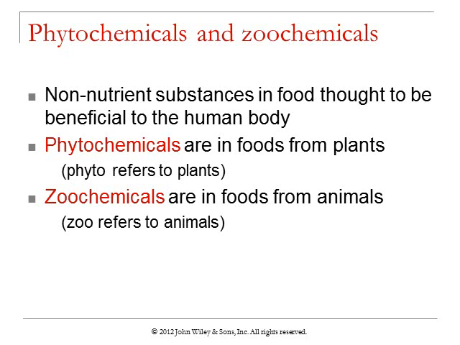Whenever you see the word phyto, it should refer to plants. So phytochemicals are basically these non-nutrient substances that are found in plants, and zoochemicals are found in food from animals. And again, these things are not essential nutrients, but there have been studies to support that they are beneficial for us.